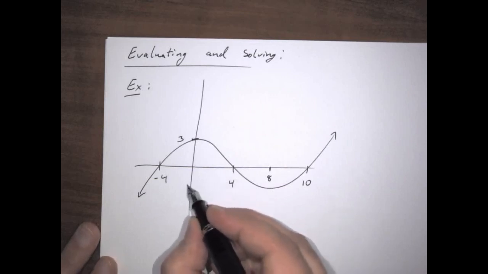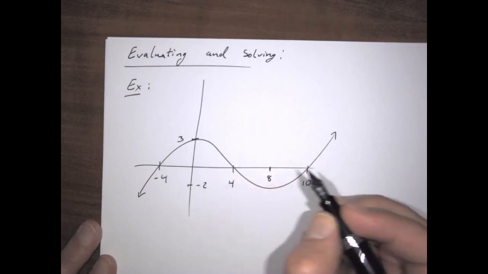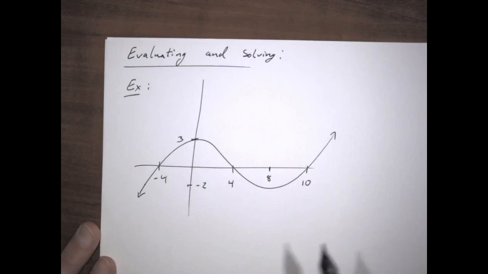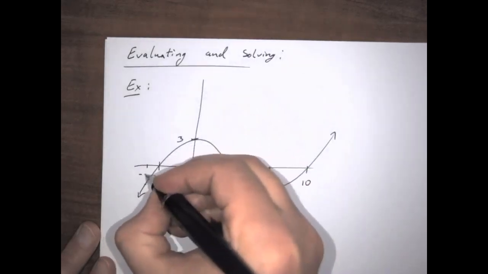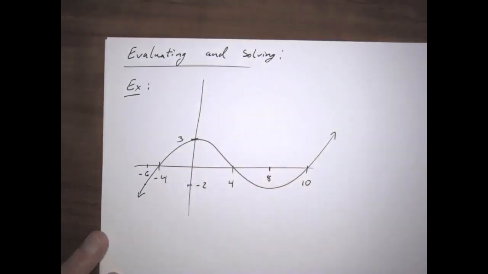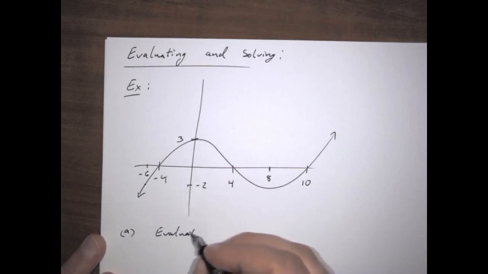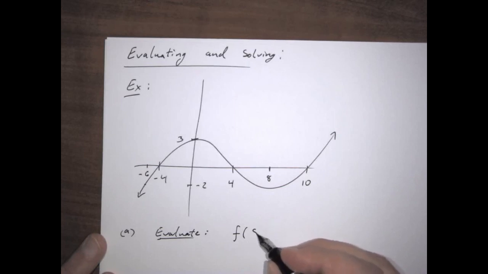And let's say it's -2 for the y value, and then let's say the other point over here that's at the same y value is at -6 for x. Okay, now the kinds of things we can be asked to do would be, for example, evaluate f of, let's say, 8.